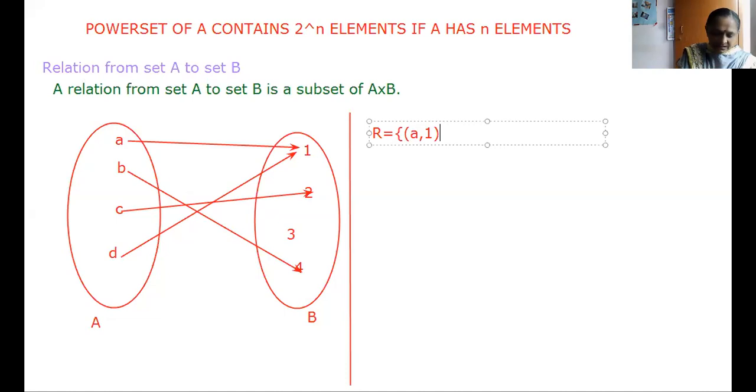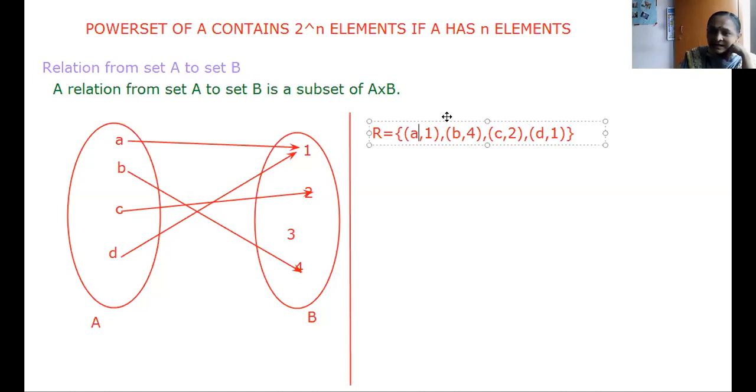Then I go to ordered pair (b, 4). Then ordered pair (c, 2). So both ways I'm showing diagrammatically, and I'm writing in set notation also. Then (d, 1), and the bracket closes.